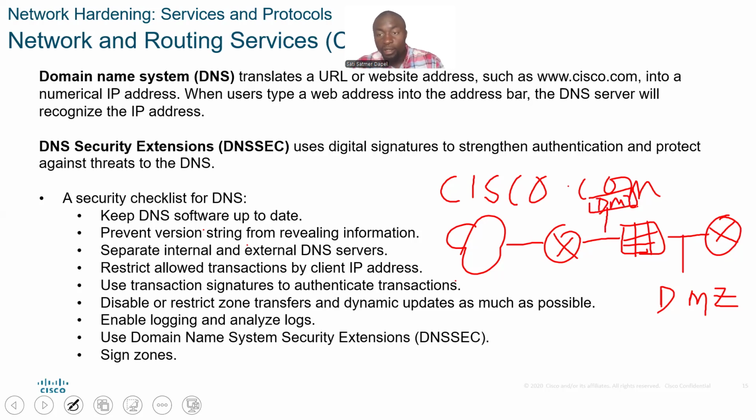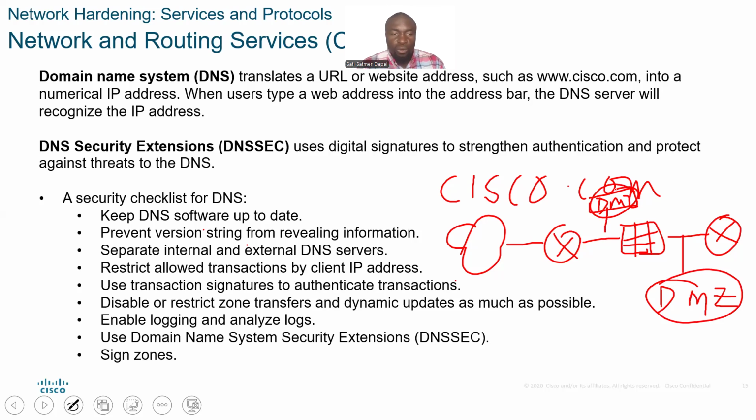DMZ, the demilitarized zone. What is this DMZ? It's just a place where you will have some of your devices that you want to be public. So you could have it here, or you could have it here. Where your DMZ sits is where your DNS is going to sit.